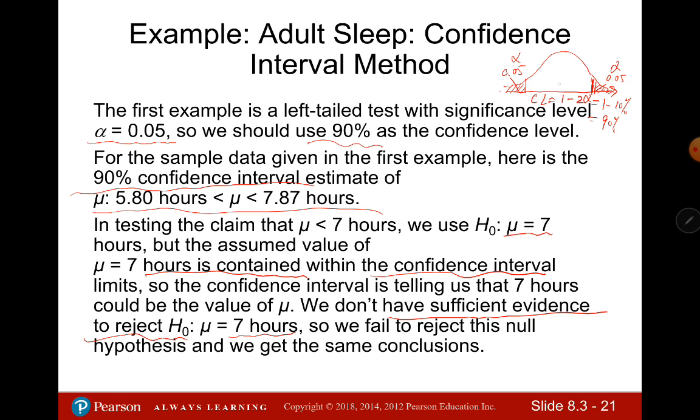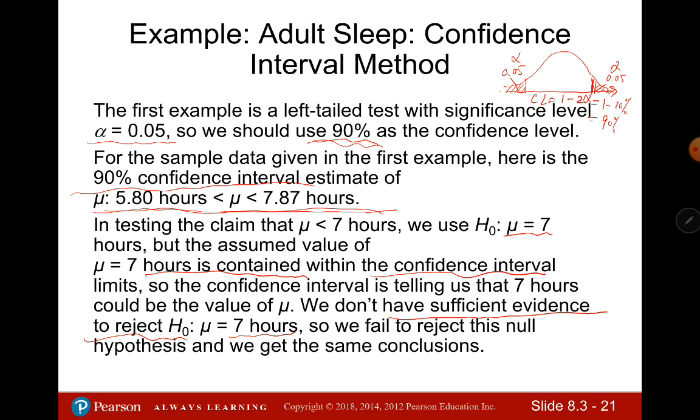Then in the middle, we get 1 minus 2 alpha, which is 90%. So make sure you can only construct the 90% confidence interval for this case. If you use the same procedure we learned in chapter 7, we could get the 90% confidence interval just like this.